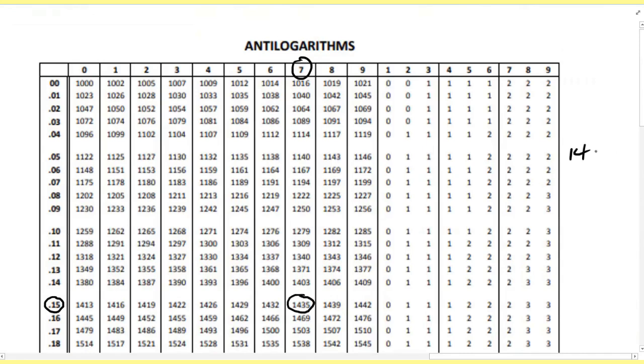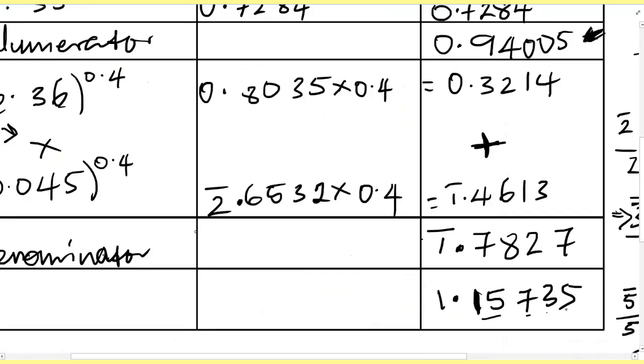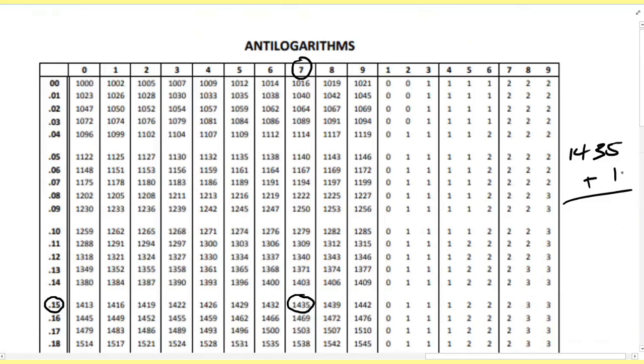So let me write 1435. Now the difference under 3 is 1. Now look at the difference. Difference under 3 is 1. Difference under 4 is 1. Difference under 5 is 2. So even if you approximate, you're still going to get 1. Even if you approximate this value, somebody will be like, okay, why is this 5 here? Why not approximate it? Even if you approximate it, you still get a difference of 1, right? So if you add this, you have 6, you have 3, you have 4, and you have 1.